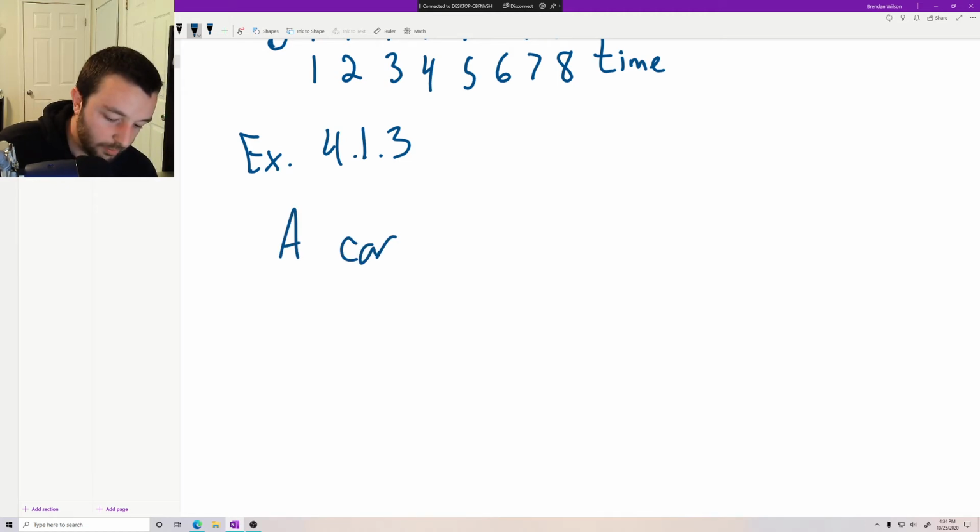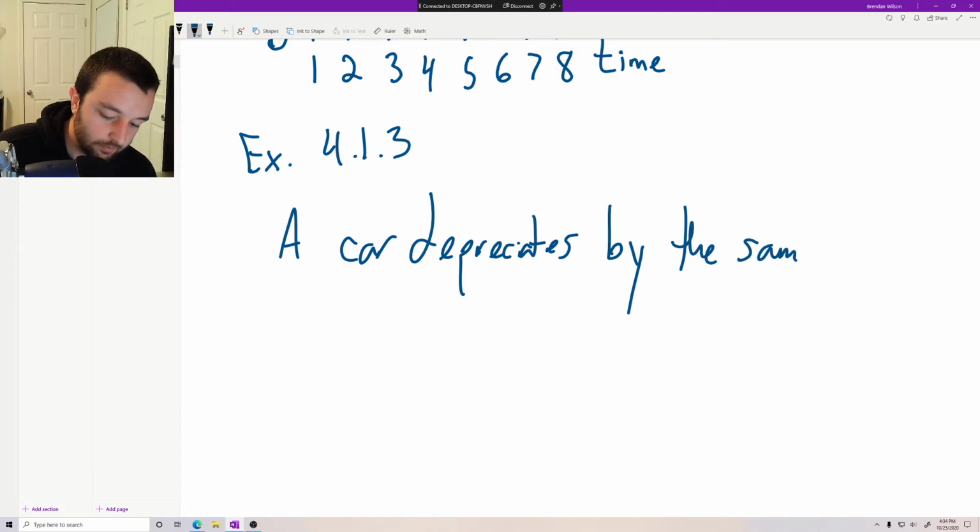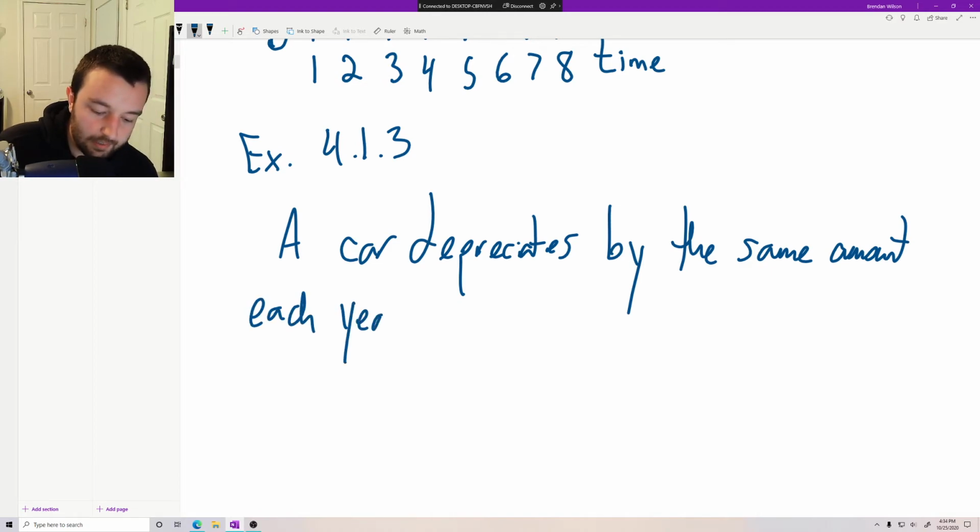Say a car depreciates by the same amount each year. Again, in practice, it probably wouldn't, but it would maybe be close to linearly, so you could use this as an approximation.